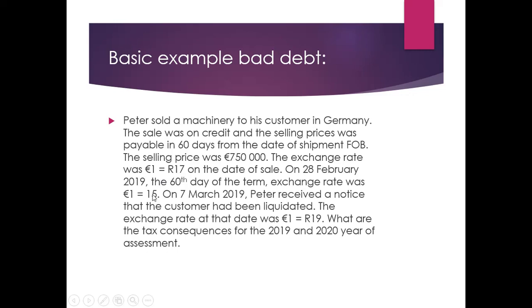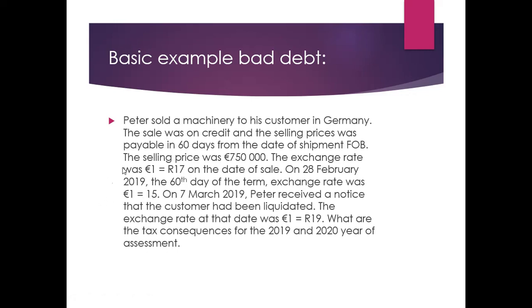The rand strengthened by 2 rand, which means that Peter is now worse off. For every euro that is owing to him, he was supposed to receive 17 rand, but now he's receiving 15 rand. So that 2 rand loss is an exchange rate loss that he gets as a deduction or as an allowance.